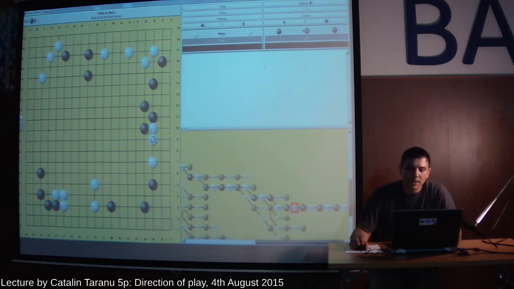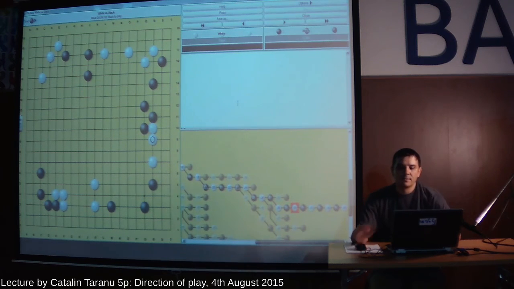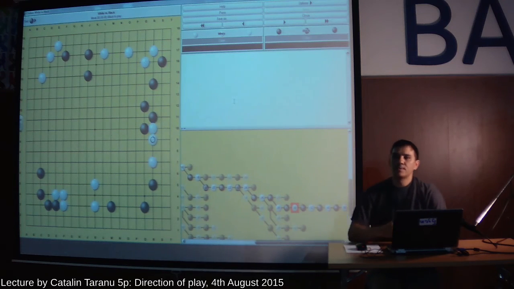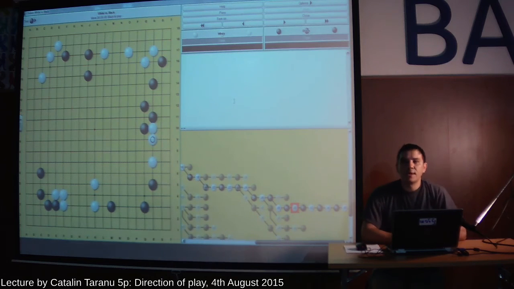Also, we can think maybe it's important for us to analyze what happens on the lower side. We have some weaknesses in the black shape. So when you want to attack groups, sometimes the profit is direct territory, but sometimes it can be only that you make your stone stronger, or you can cover your weaknesses.